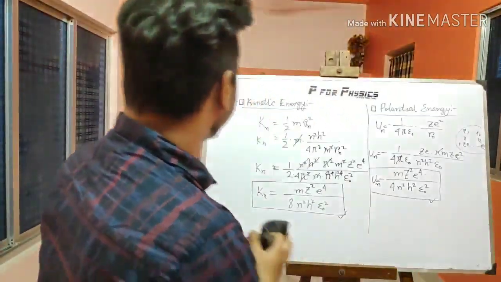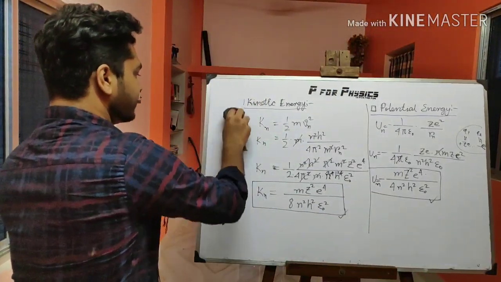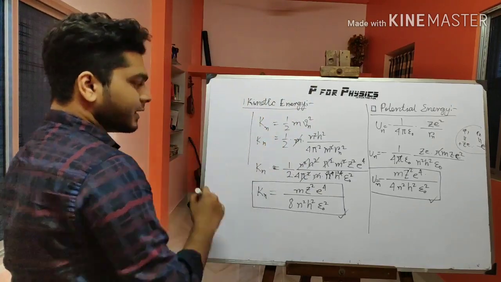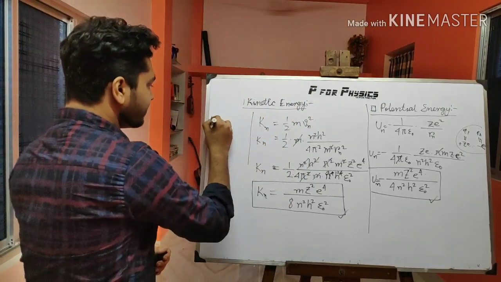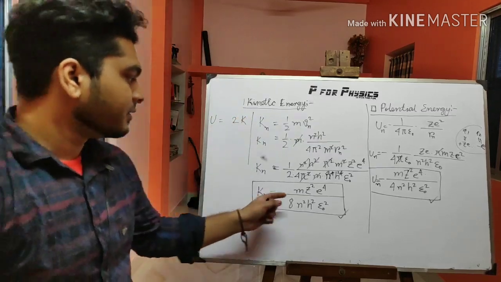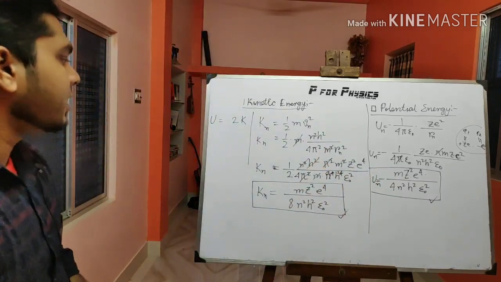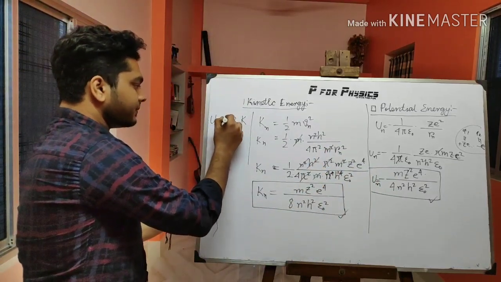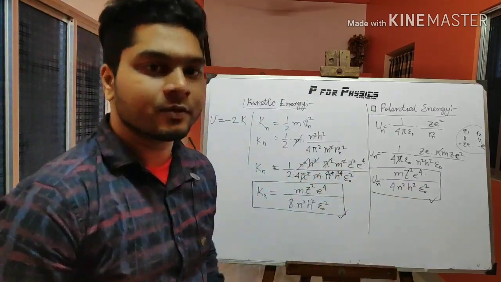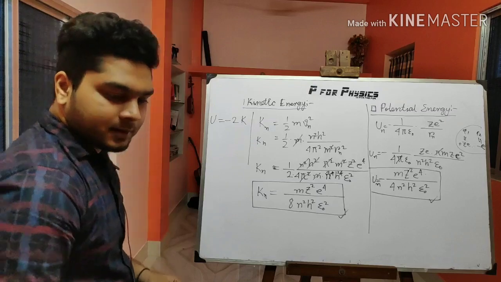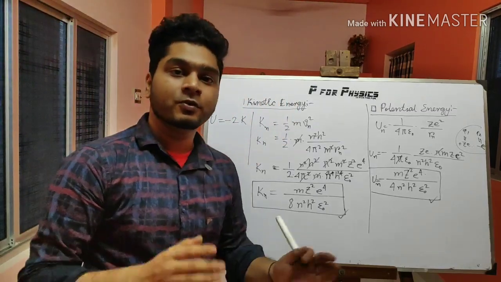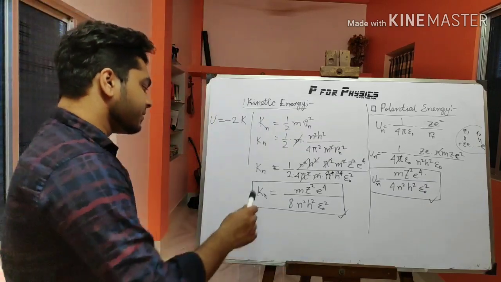So I can summarize it and write it here: potential energy is double of kinetic energy, and also there is a negative sign on potential energy. Potential energy is always negative, not positive. Now to do the final thing, we need to get the expression for total energy, that is, simply add this one and that one.